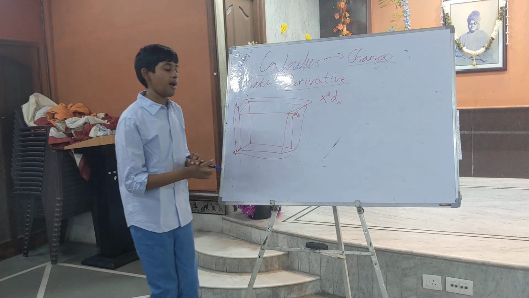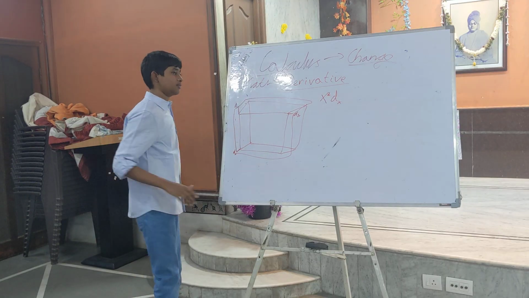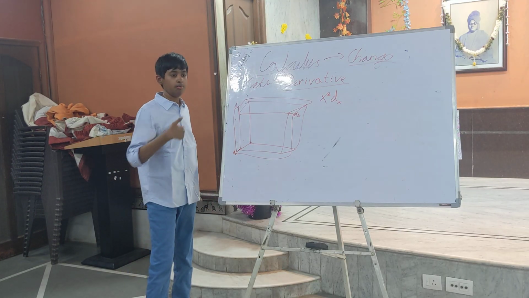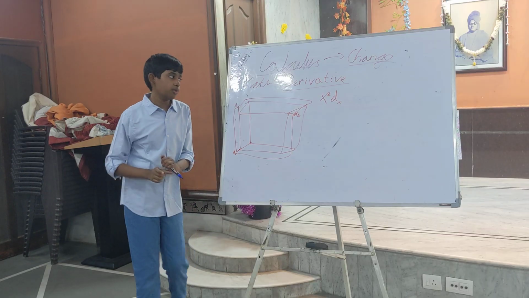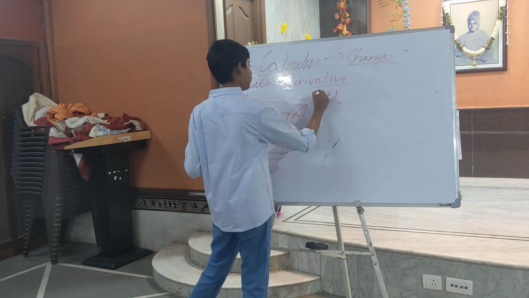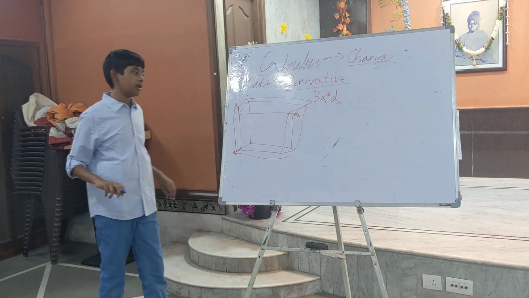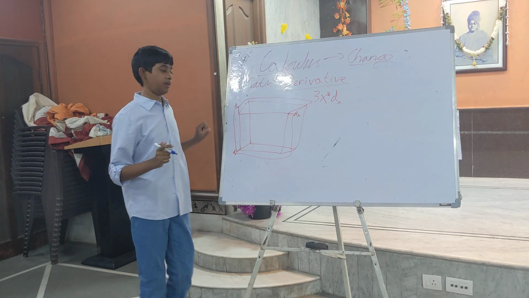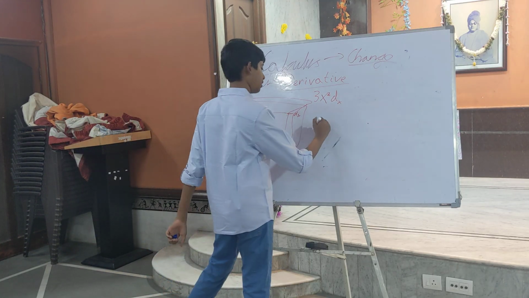But this is not just happening on this face. We are adding dx to each of the 3 sides of the cube, with breadth and height. So it will not just be this, it will be 3x squared dx. Now, you can see that just adding these 3 plates will not actually be complete.